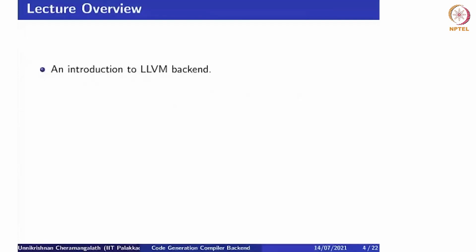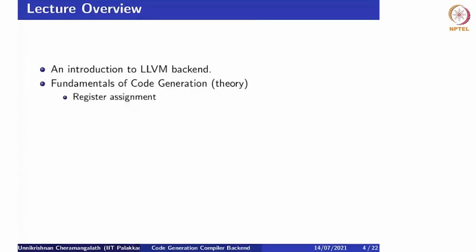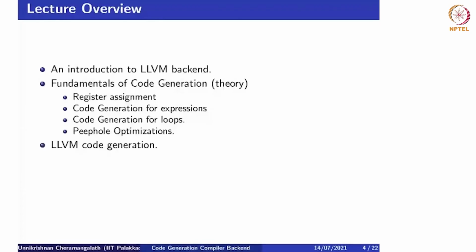Then in this lecture, we'll look at an introduction to the LLVM backend, then some fundamentals that are required for code generation to be understood, like register assignment, code generation for expressions, and code generation for loops. This will be covered. Then some peephole optimization. Then we'll slowly move to LLVM code generation, the second part, where you look at peephole optimization with a specific example with respect to the hardware.